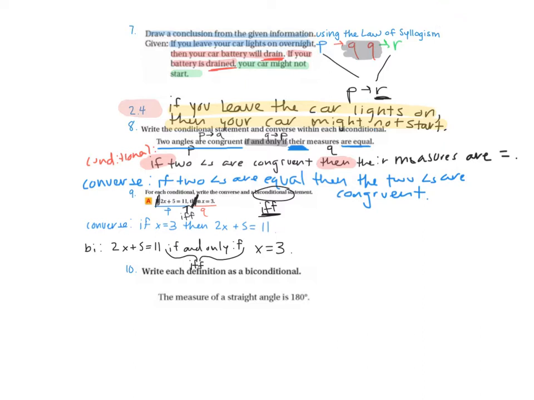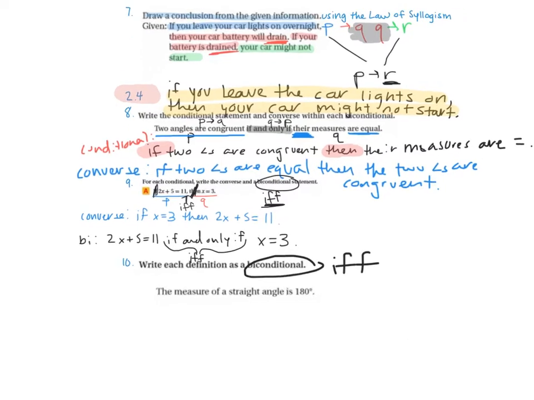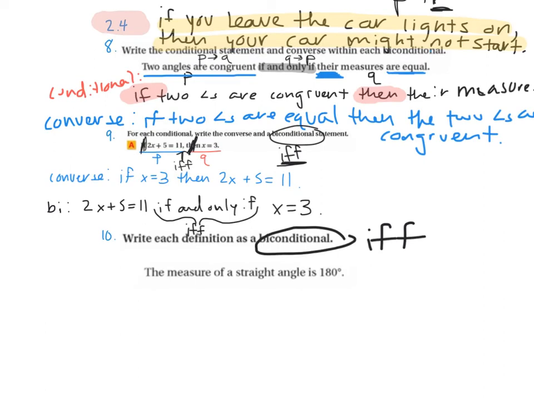Now let's look at 10. Write each definition as a biconditional. Remember, biconditional needs the if and only if, abbreviated as IFF. So the measure of a straight angle is 180 degrees.